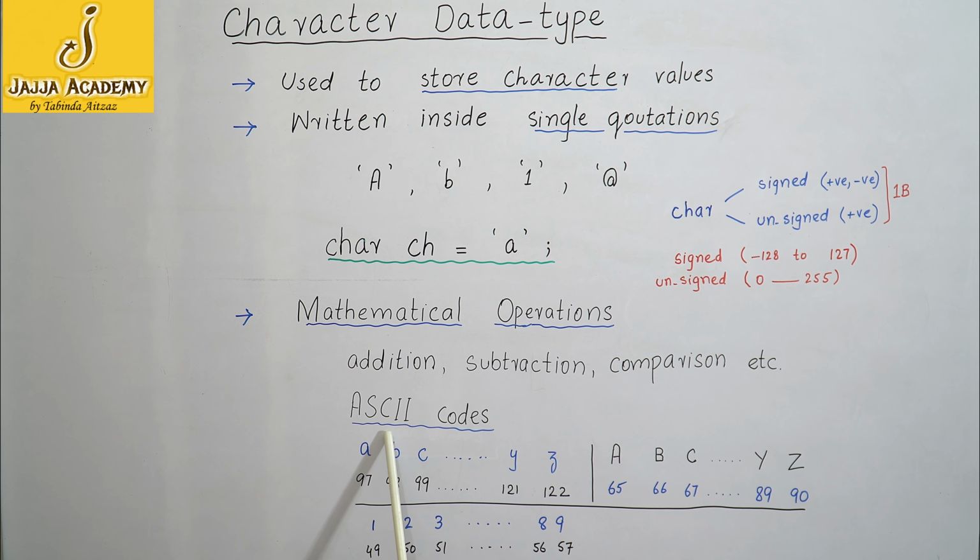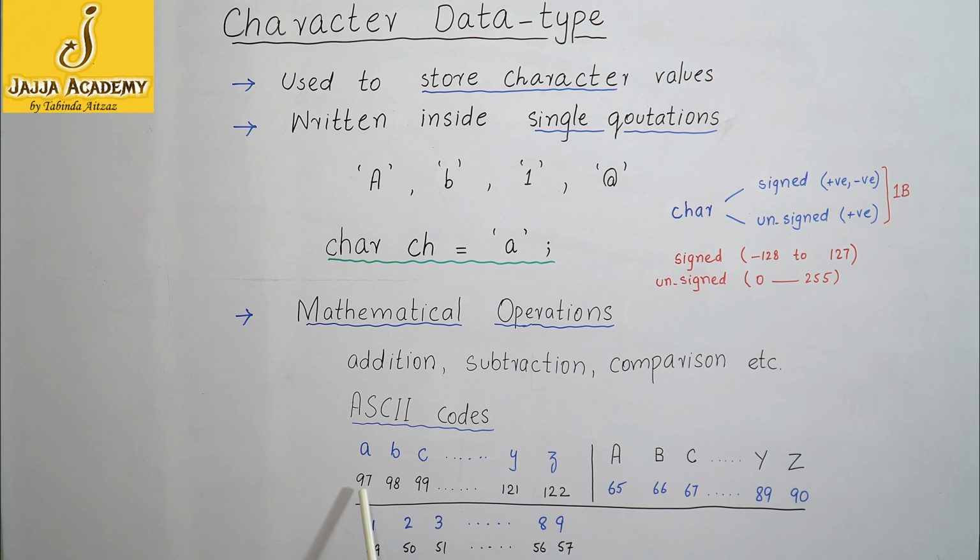For example, here I have provided some characters along with their ASCII codes. The ASCII code of small a is 97, then b's ASCII code is 98, then 99, 100. This series continues till z. Small y's ASCII code is 121 and small z's ASCII code is 122.